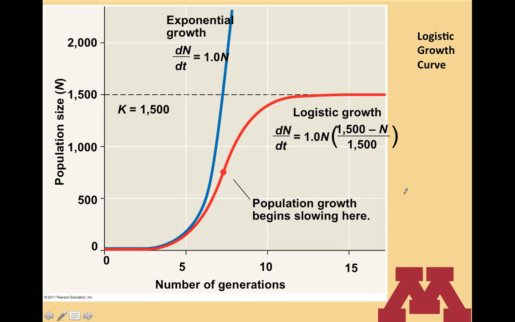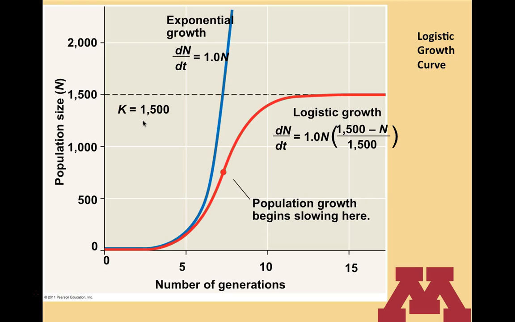However, exponential growth cannot be sustained for long in any population. A more realistic population model limits growth by incorporating carrying capacity, which is the maximum population size that the environment can support, which we represent by K. The carrying capacity varies with the abundance of the limiting resources.